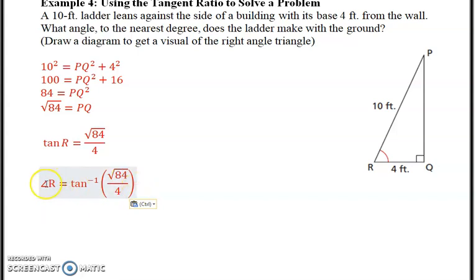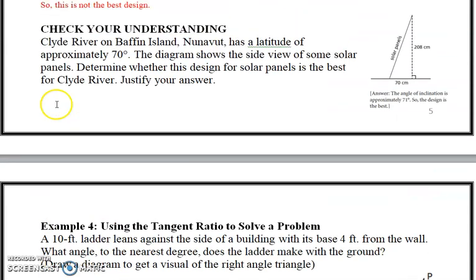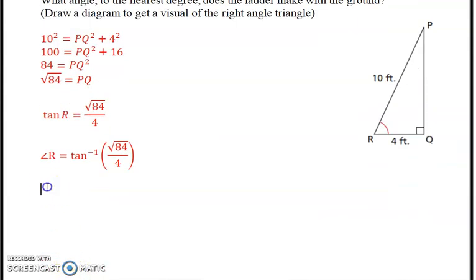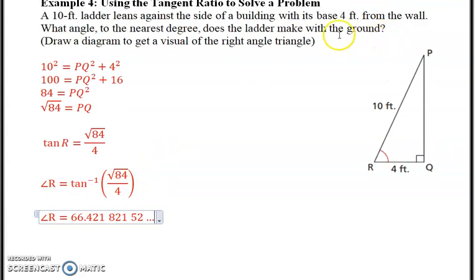All right. Let's do this thing again. Angle R is equal to 66 decimal 4 2 1 8 2 1 5 2, and to the nearest degree it says.